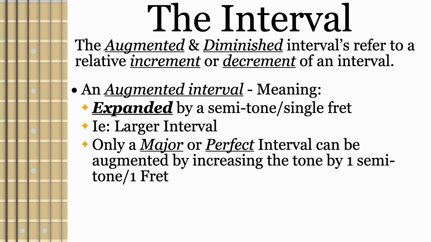We get the augmented fourth. We don't get a major fourth. So it's another term for moving up the fret, one fret higher than it was previously. But it refers to how you augment majors or you augment perfects. You don't augment a minor, you move a minor to a major. So that's why we have similar terms that seemingly mean the same thing.